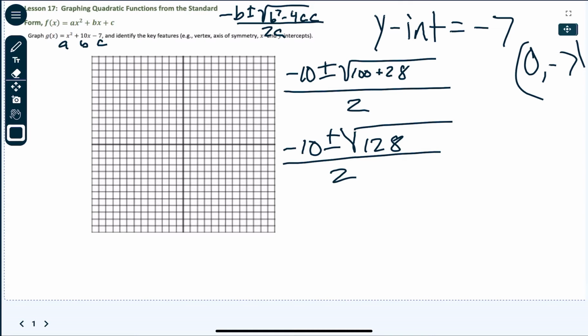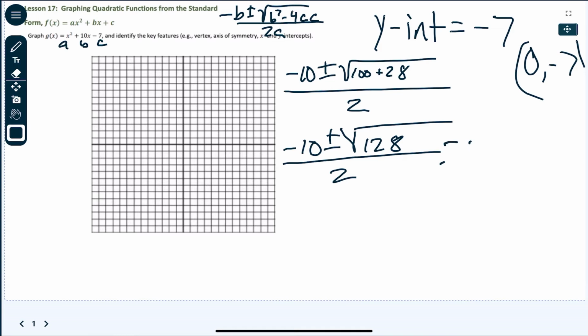What's 128 divided by 36? Nope. 49? Nope. 64? 128 divided by 64, that should work, shouldn't it? 2. There we go. That's our perfect square.